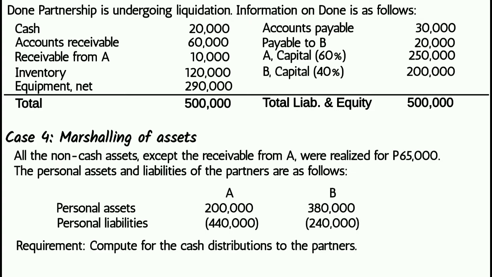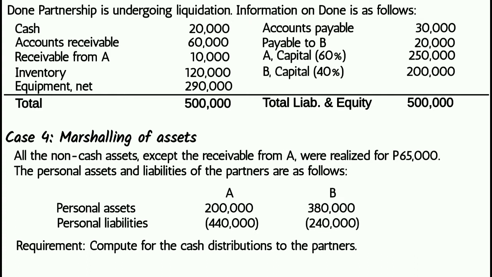Case 4, marshaling of assets. All the non-cash assets except the receivable from A were realized for 65,000 pesos. The personal assets and liabilities of the partners are as follows. Personal assets of A, 200,000 pesos.